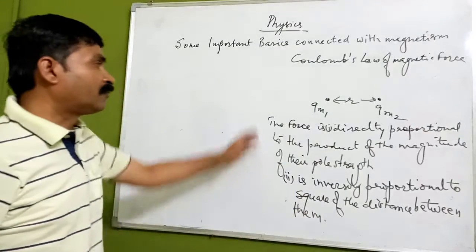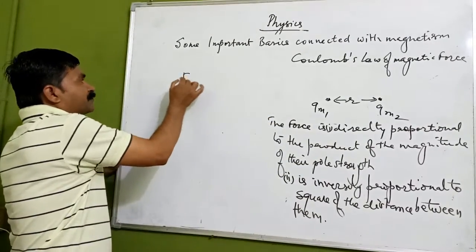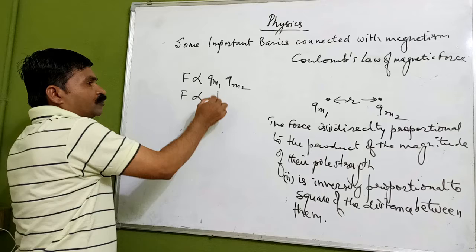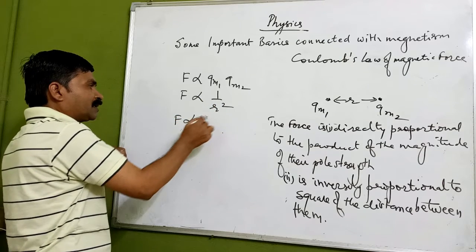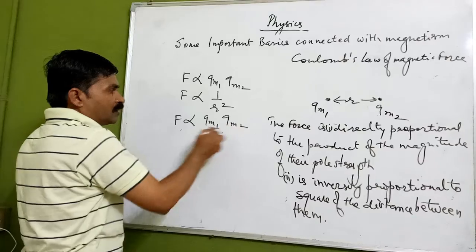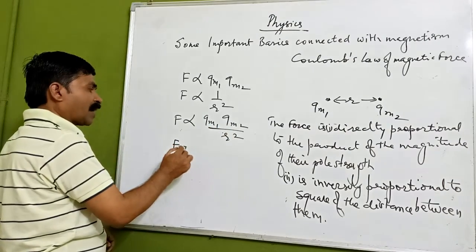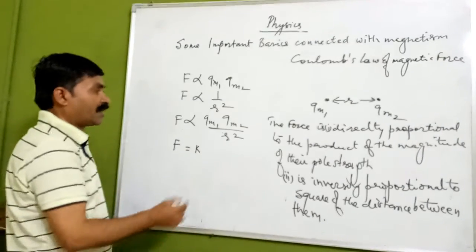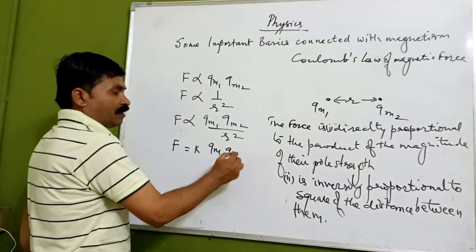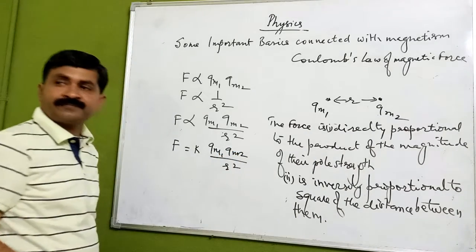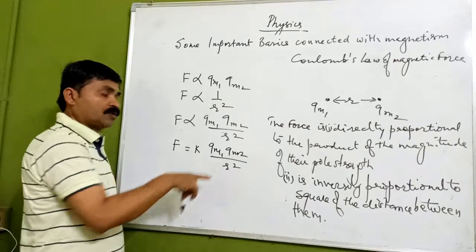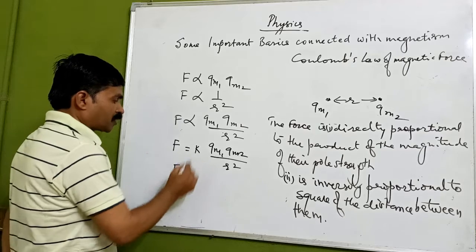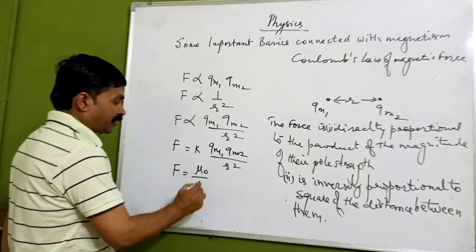Now here we can conclude: F is directly proportional to Qm1 Qm2, and F is directly proportional to 1 upon r squared. So F is directly proportional to Qm1 Qm2 upon r squared, and F is equal to a constant K times Qm1 Qm2 upon r squared. Now K is replaced by mu naught upon 4 pi.